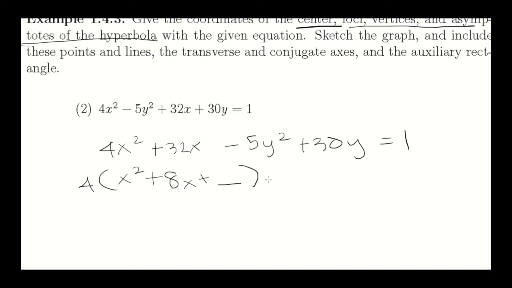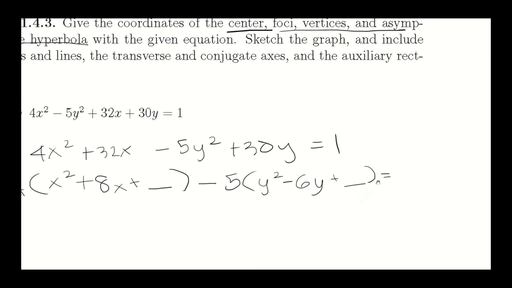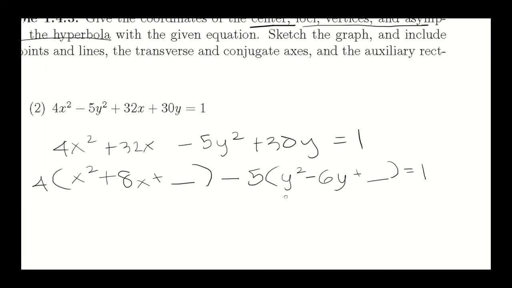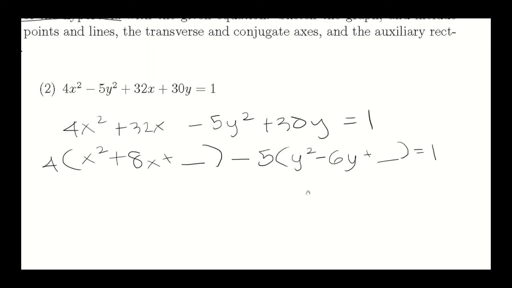And then we extract negative 5 from the y terms, then y² minus 6y plus blank equals 1.